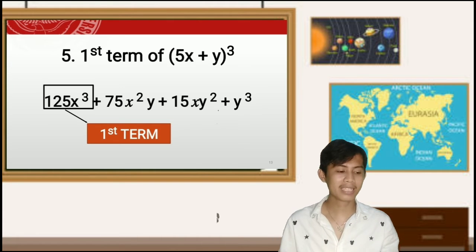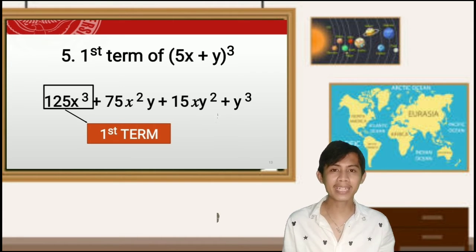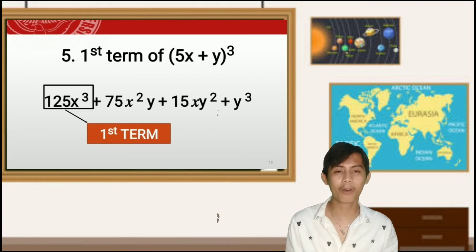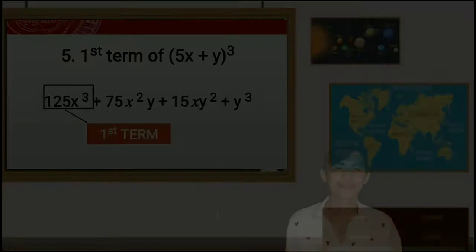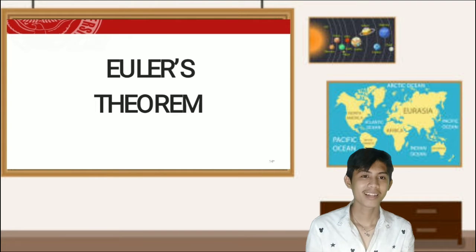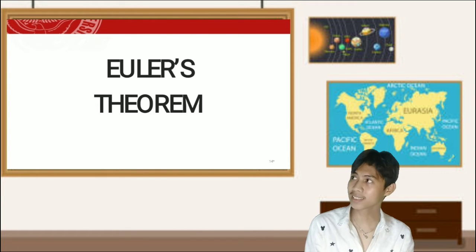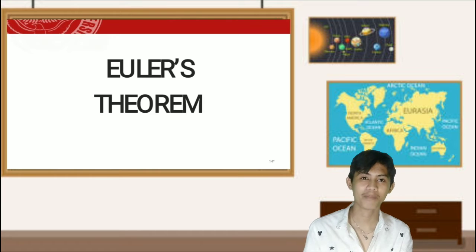So, it seems that you have gotten our lesson last meeting, the binomial theorem. Very good. Let's clap our hands. Now, we're done with our activities. So, we are going to proceed to our main topic, which is Euler's theorem.